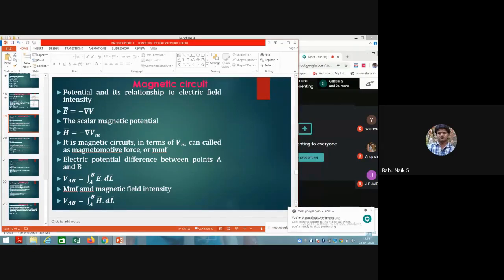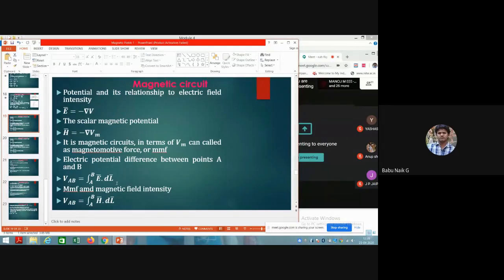Between them the potential VAB is equal to the integration from A to B of E bar dot dl, where dl is the length of the resistance and the electric field is due to the applied potential.